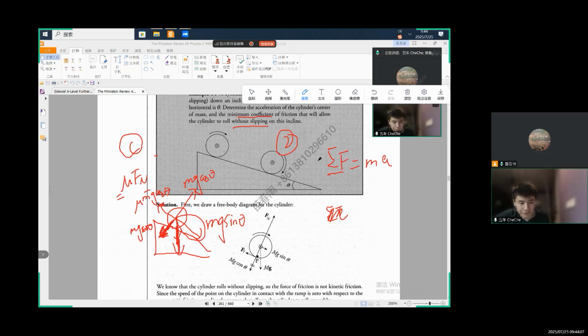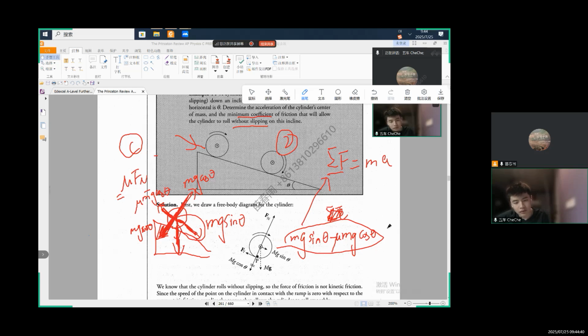So now in this direction it's all balanced, so they're out. In this direction they are not balanced, so that's why you have acceleration. So I can find in this direction mg sine theta, which I assume is higher, positive, minus mu mg cos theta, which is my sigma F. Does that make sense?